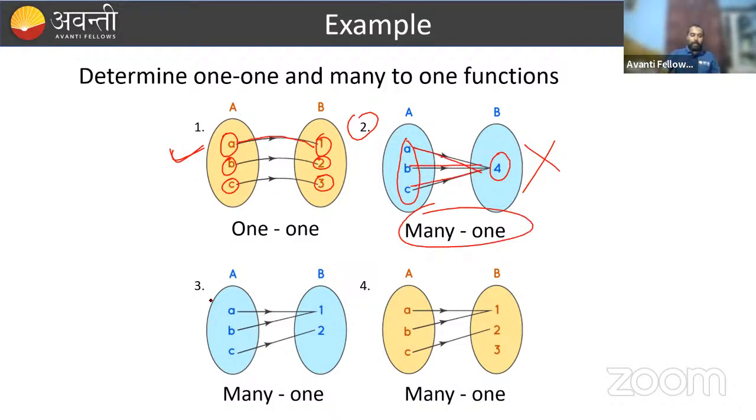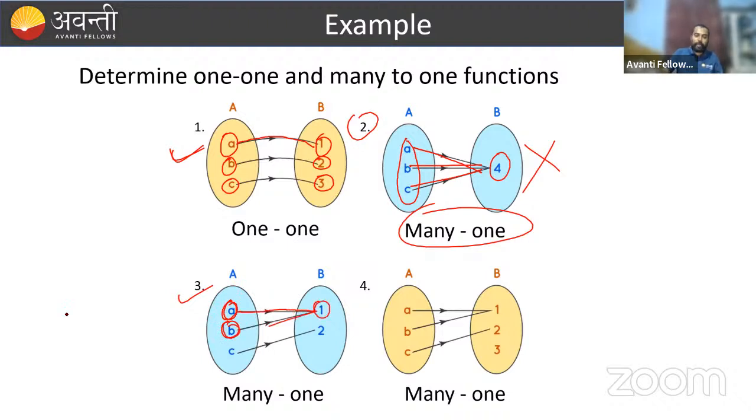Clear? Similarly, in the third example, it is many-1 because the elements A and B of set A have the same image in set B, right?